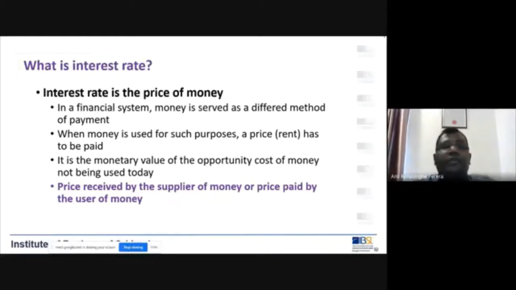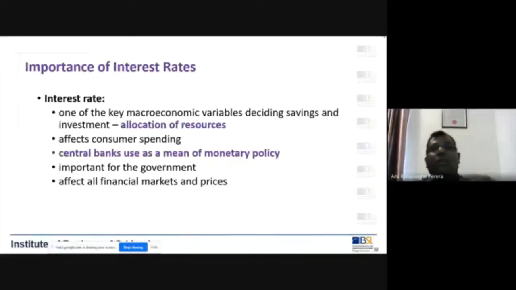That rent is referred to as the interest rate, or price of money. I think it's very simple. Interest rates are very important in the economy because they are one of the key macro variables in deciding savings and investment. People make investment decisions and saving decisions in the economy by looking at the cost of money.